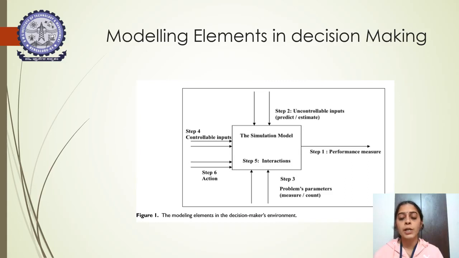Because these inputs cannot be controlled, it has to be done in a systematic way such that problems also will not come into the picture. For that, these uncontrollable inputs have to be measured and the parameters have to be checked. What is the level of the problem associated with these uncontrollable inputs? This will be taken care of in step 3.